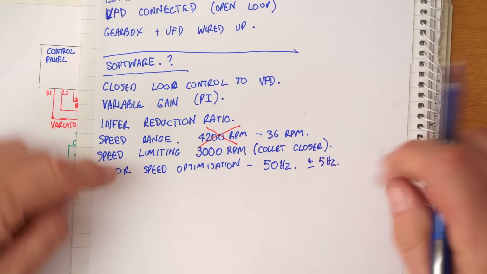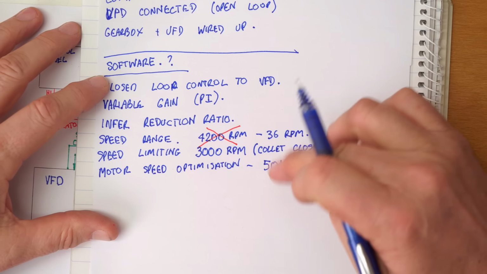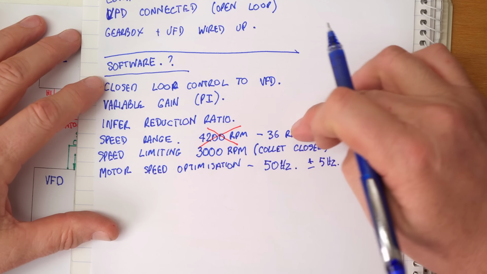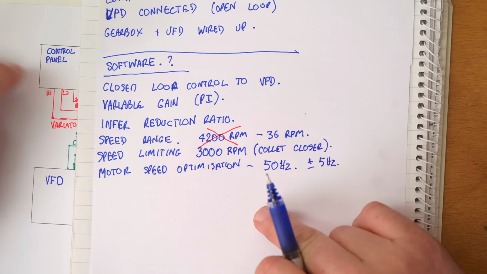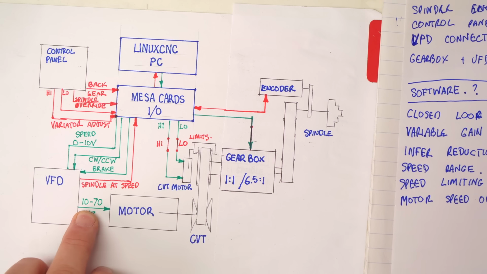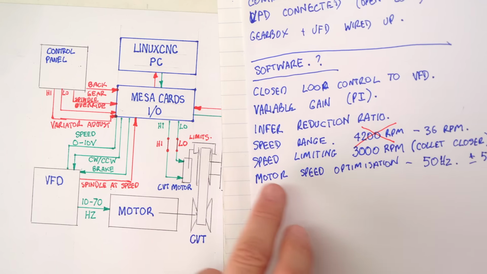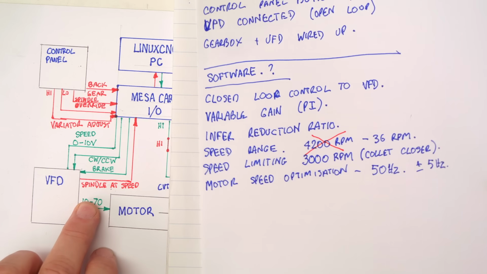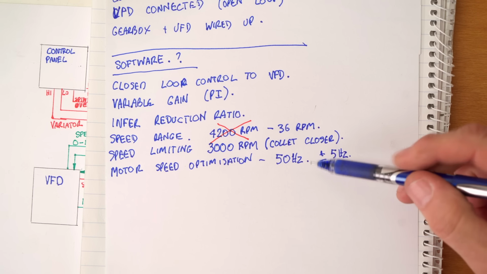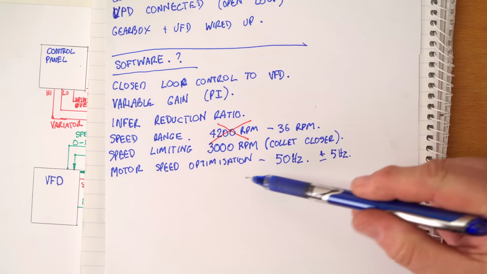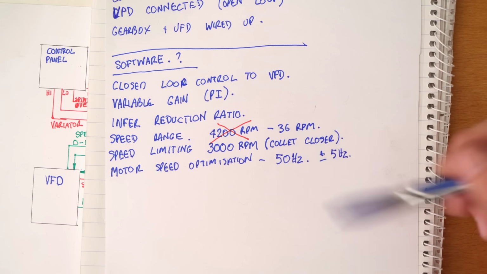And there are obviously some parts of the speed range where you're going to be beyond that. At the slowest possible speeds, you're going to drop down and eventually get down to the 10 Hertz minimum, and at some of the higher speeds it will be up around the 70 Hertz. But where possible, it should try to aim to optimize the motor speed at around net frequency speed.